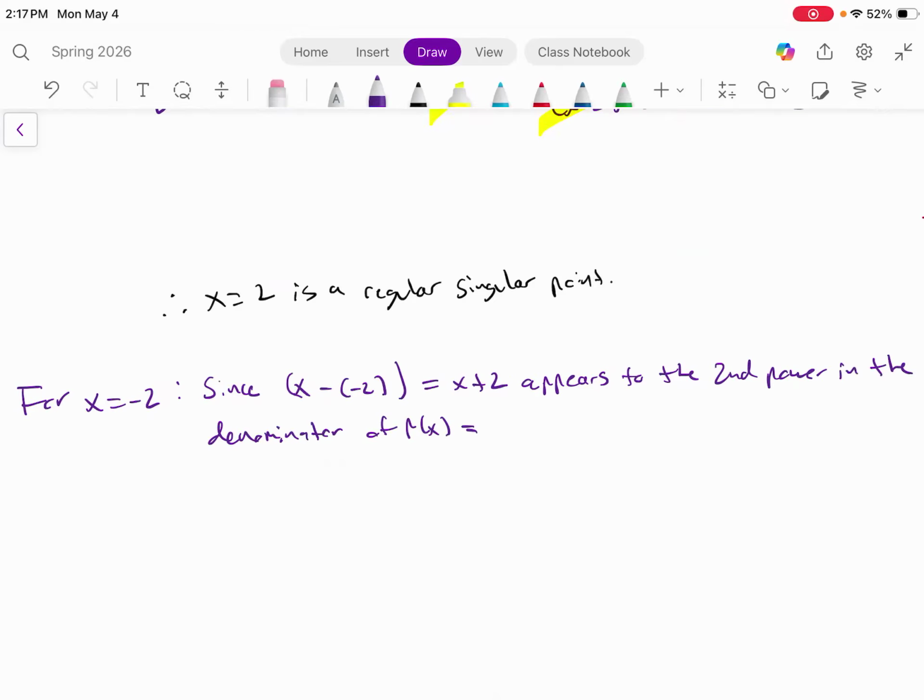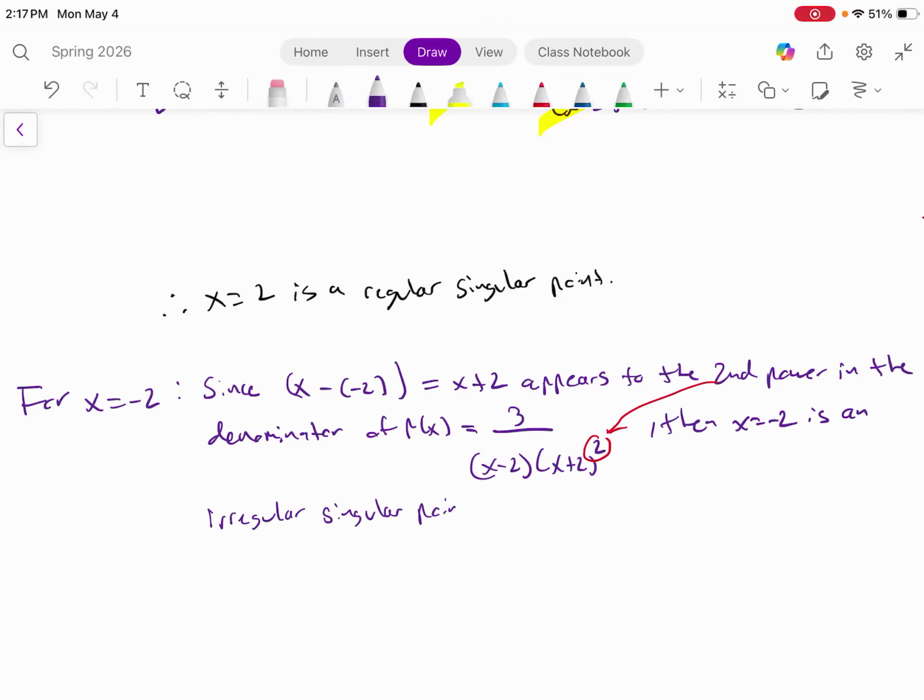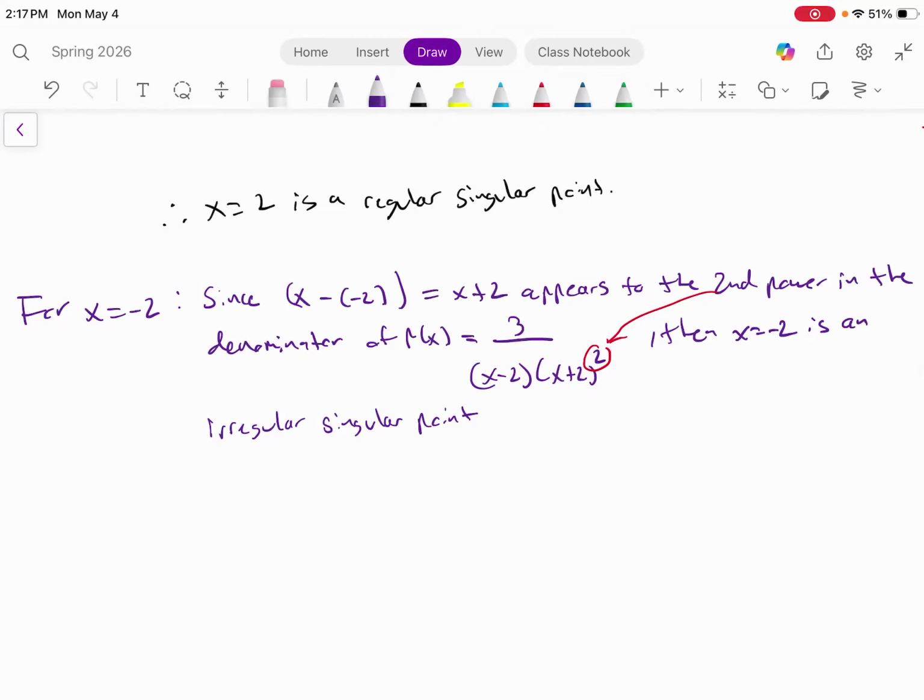It's 3 over x minus 2 times x plus 2 squared, right? It's appearing in the second power. Then I guess I can leave that circled. Then x equals negative 2 is an irregular singular point. Okay, so that's us identifying it, but let's go ahead and check it out. Like, what exactly does that mean?